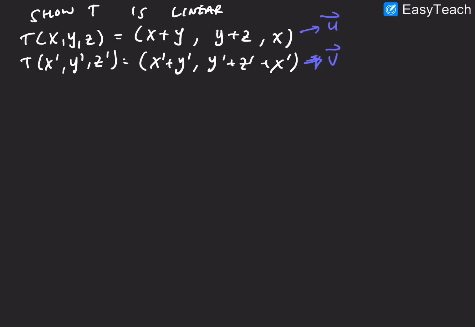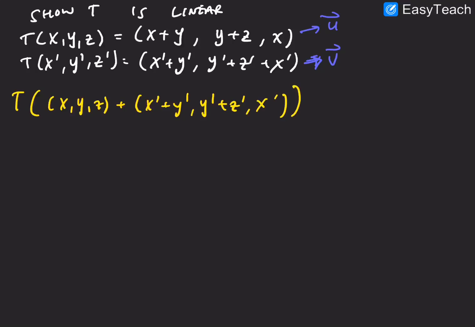Okay, so now let's do the addition one. So we're going to have T of (x, y, z) plus (x prime, y prime, z prime). And that's basically like we saw before, where this was my u and this was my v.